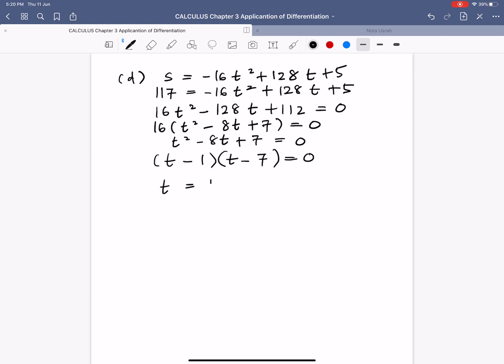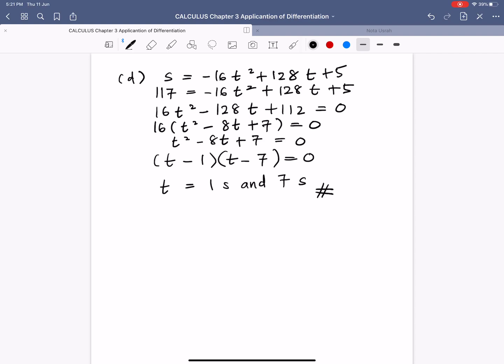Thus, t is equal to 1 and 7 seconds. That means actually we have 1 second and 7 seconds. If you see here, we have two answers for t.